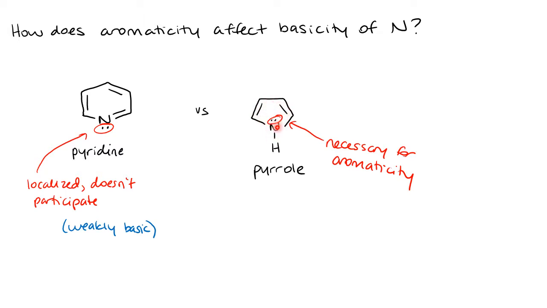So this lone pair is currently occupied. It has no potential of being donated because if we were to take it away from the ring, we would destroy the aromaticity of the compound. So pyrrole itself is not basic at all. And that's because the lone pair is occupied.